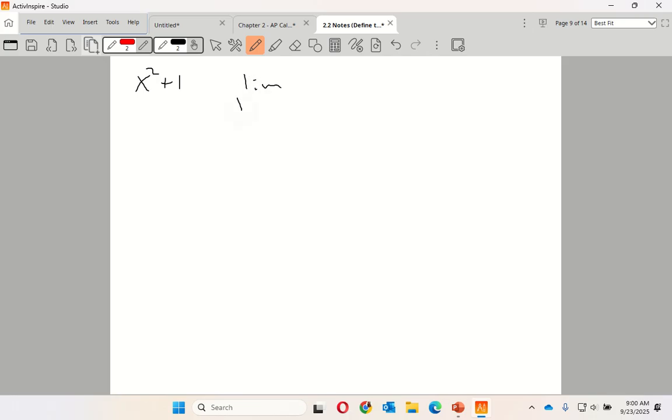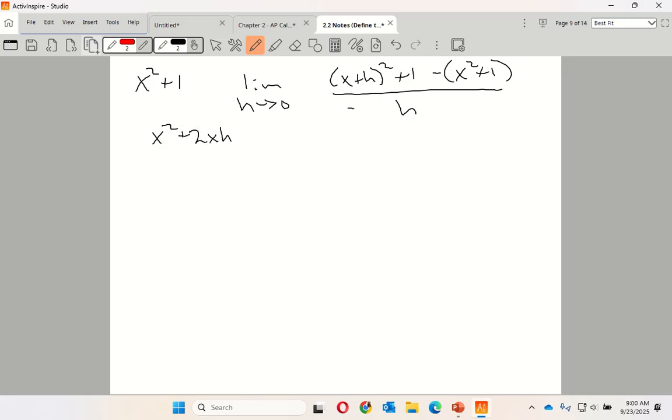Limit as h approaches 0, we have x plus h squared plus 1 minus parentheses x squared plus 1, over h. I get x squared plus 2xh plus h squared minus x squared minus 1.